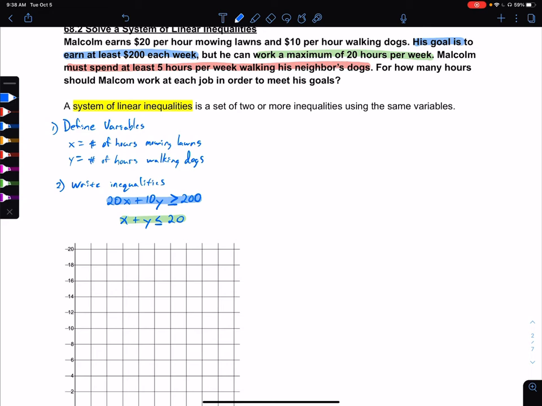So the third inequality: the hours walking the dog, the y value, has to be at least 5 hours, so y is greater than or equal to 5. There we go. So now we have our three inequalities.